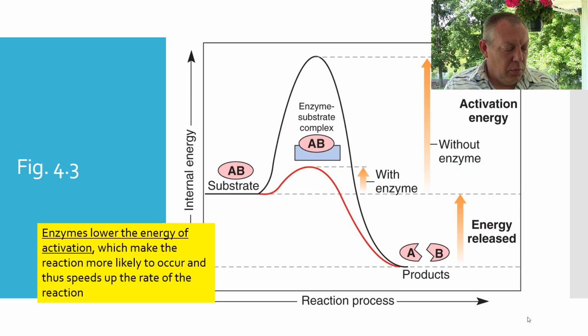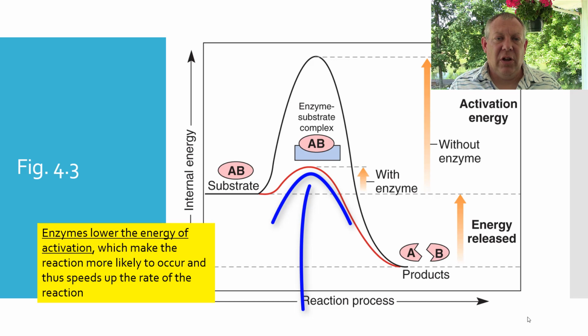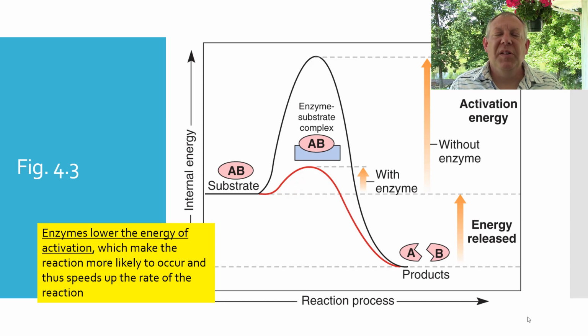Now we're looking at our graph again, but this time we've got a new line. This new line is the energy that it takes to break this molecule apart using an enzyme. What the enzyme does is lower the energy of activation. You still need to put some energy into the bond, into the molecule to break it apart.